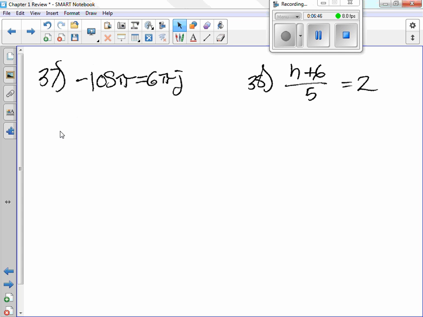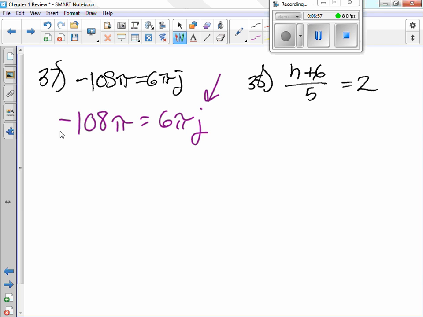Let's look at 37. Now this one's a little bit trickier because it's supposed to be 108 pi equals 6 pi j. So we're solving actually for the value of j. Now pi, the pi symbol is a number. It's just a non-repeating, non-terminating decimal that we represent by this symbol. But it is a number.